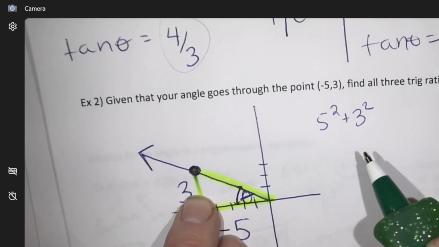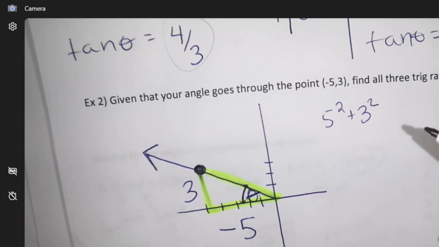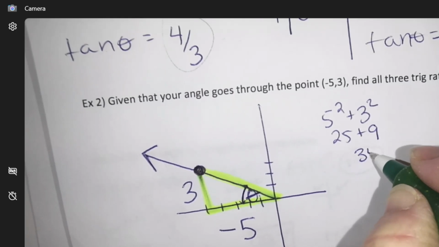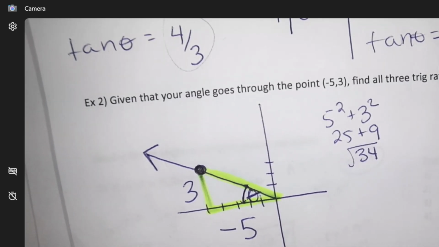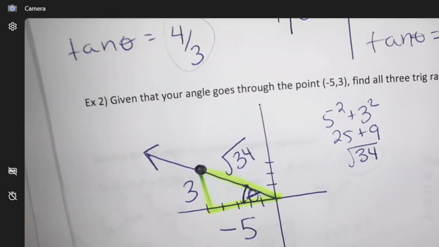So this distance squared plus this distance squared, 25 plus 9 is 34. That's a decimal value, right? Because it's not a perfect square. So I'm not going to do that. I'm going to leave it. Okay, so if it's not a perfect square, you're going to leave it like that.